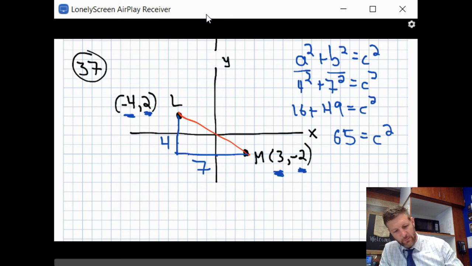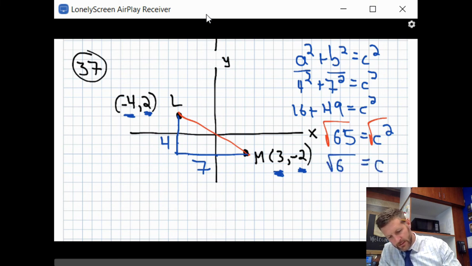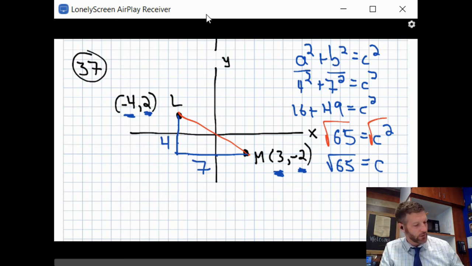And then we solve. The opposite of squaring is square rooting. So that'll take our c squared back to c. c equals the square root of 65. They asked us to round to the nearest tenth, so that means they want us to crunch the number. So pull out your calculator, and the square root of 65, which if you run through your squares, 8 times 8 is 64.